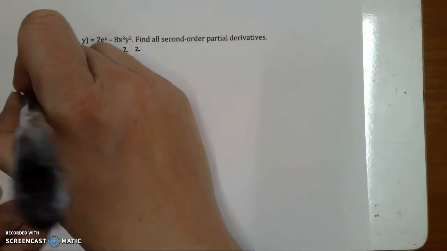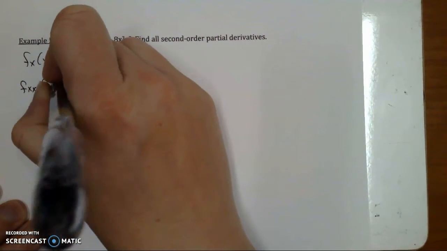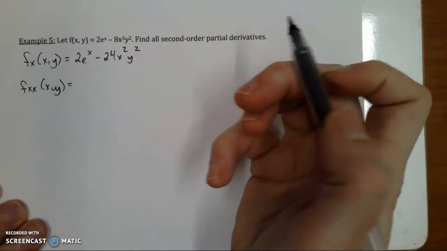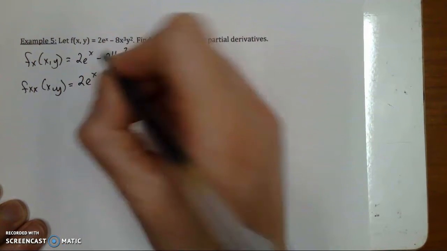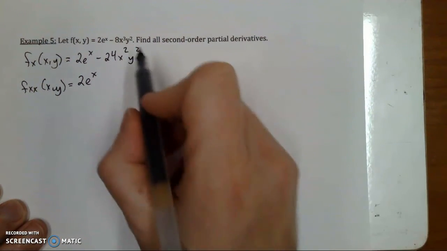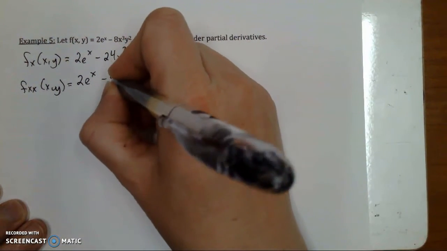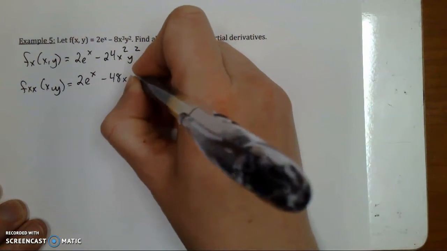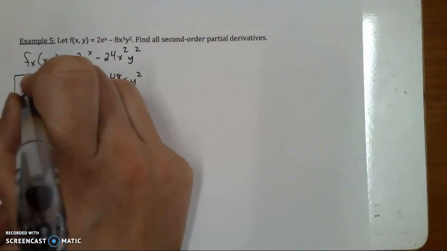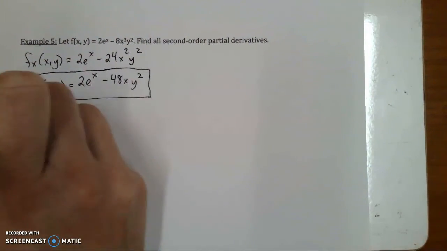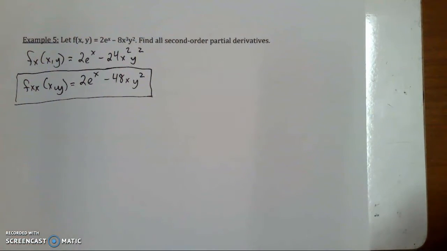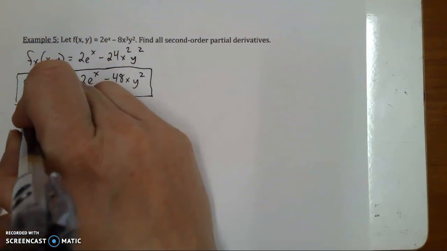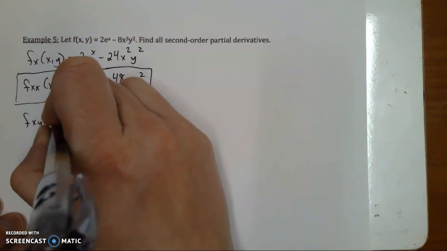All right, let's find fxx. Once again, the derivative of e to the x is just e to the x, so nothing changes there. X is still my variable, so I'll get negative 48x y squared. See if I can box that a little bit more neatly. There we go. All right, now let's try fxy.